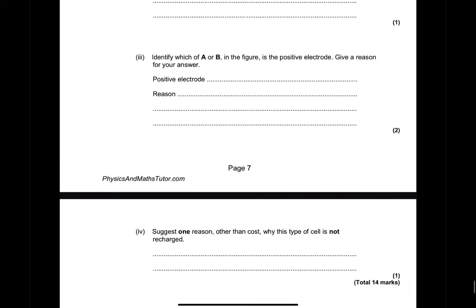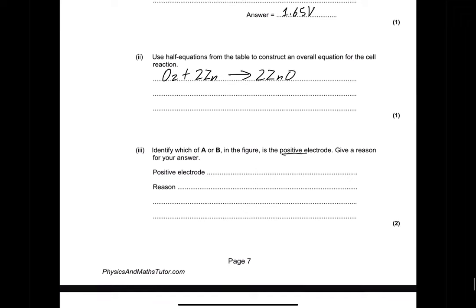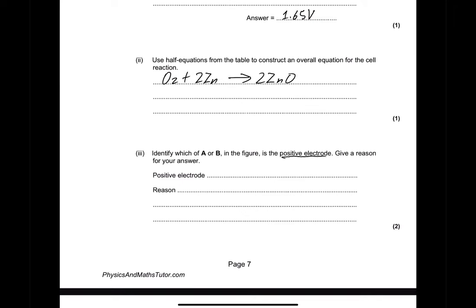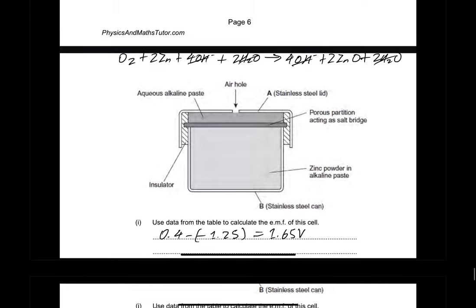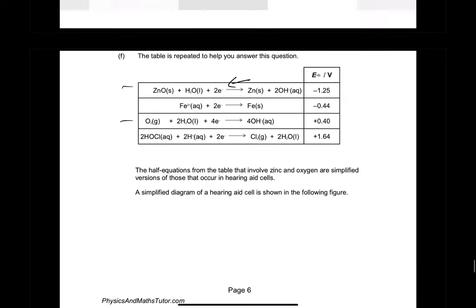Identify which of A and B in the figure is the positive electrode. So the anode, so that would be reduction. No, oxidation. So which one's being oxidized?